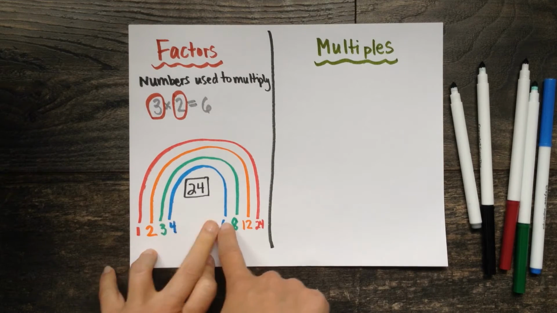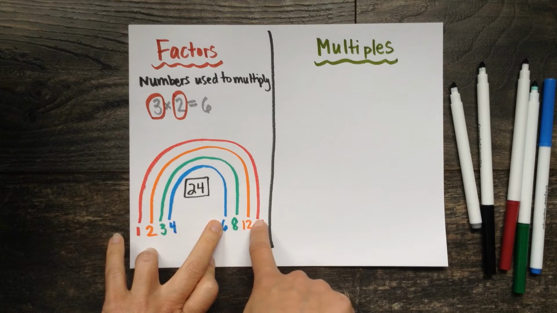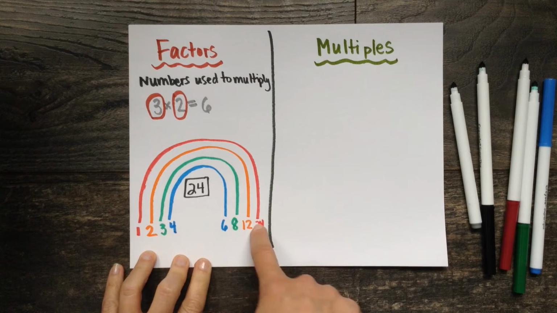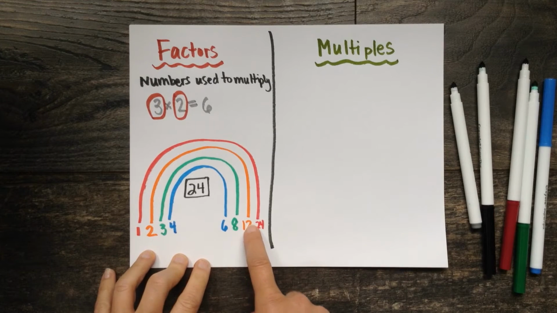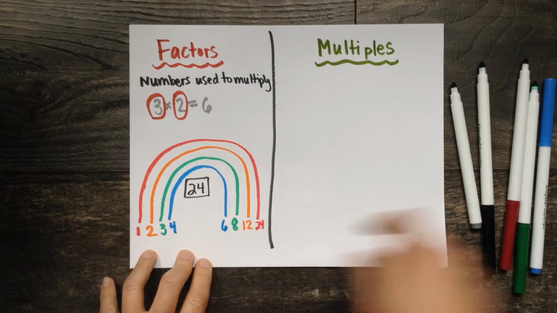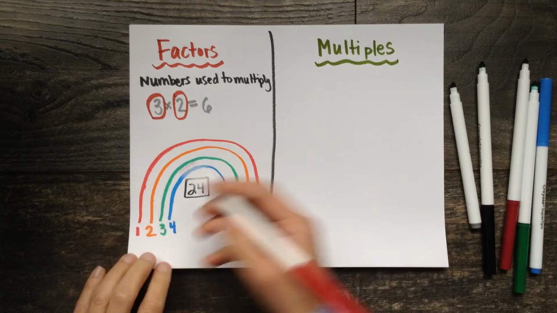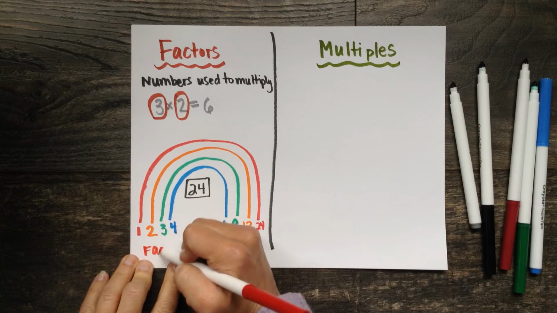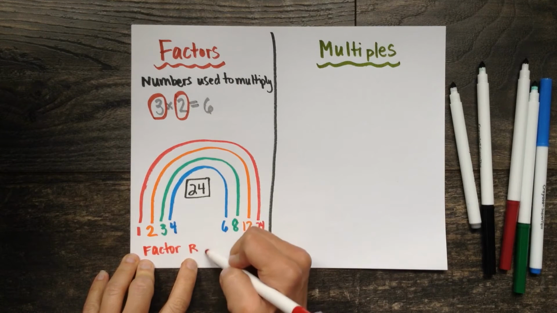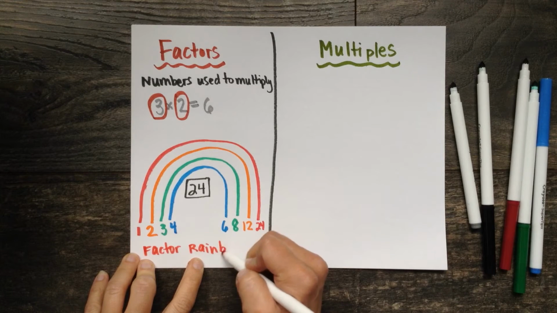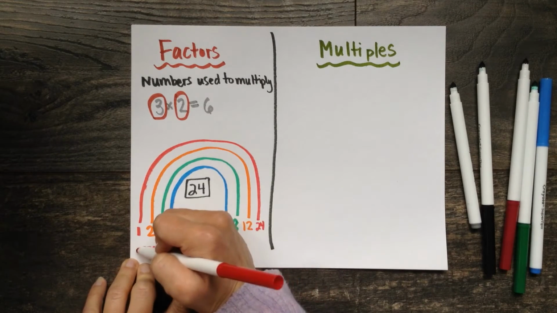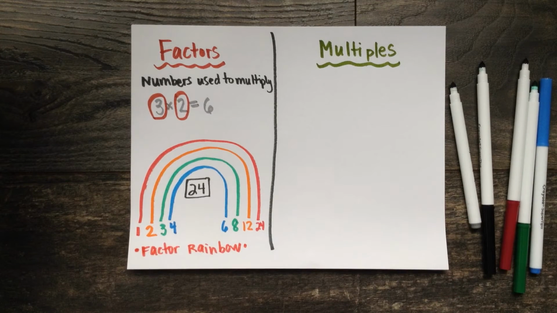Then I move over to 6, and 6 is already on this side. So this is a good indicator that I have found all my factors of 24. When it comes to factors, think factor rainbow, okay? If you can create your own factor rainbow, many times you're going to find all the factors of a number that you need, all right?